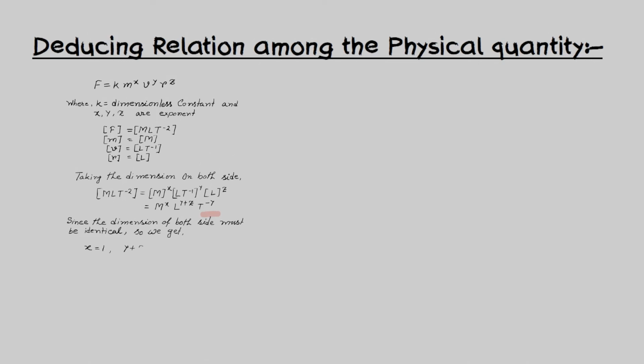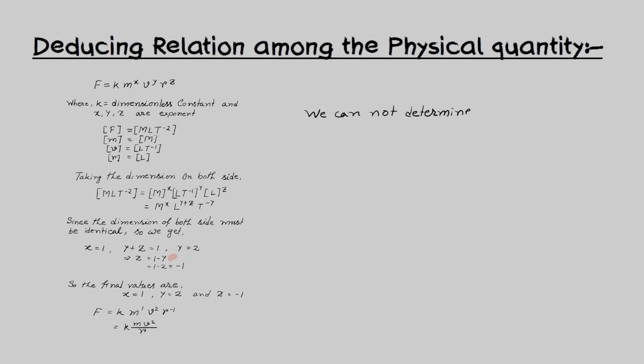Since the dimensions on both sides must be identical, we get x = 1, y = 2 and y + z = 1. That implies z = 1 - y, and putting the value of y we get z = -1.